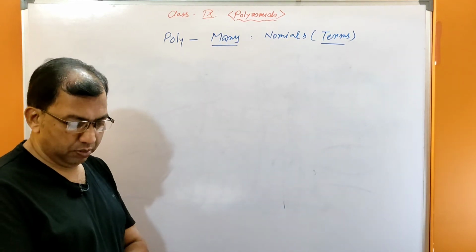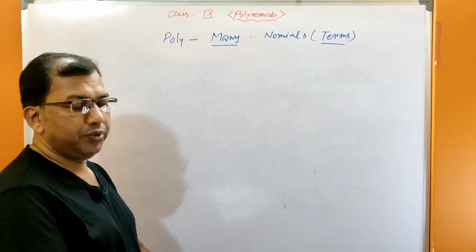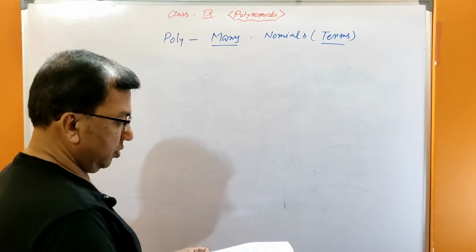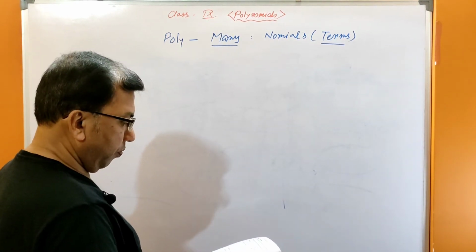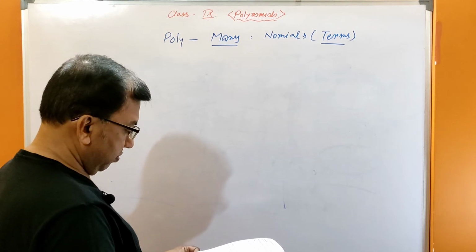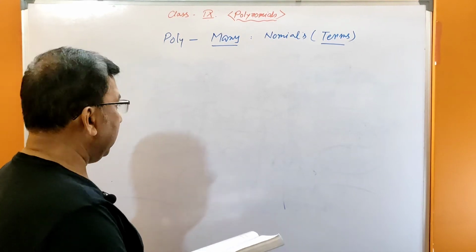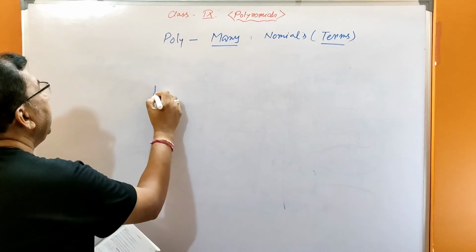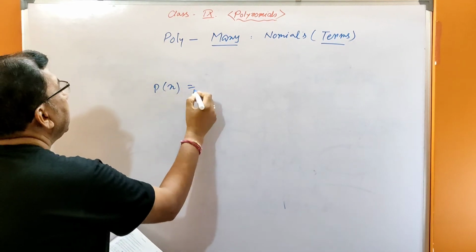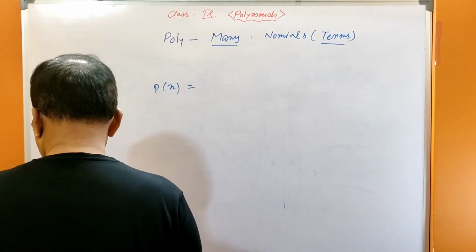You must remember, the degree of the zero polynomial is not defined. Okay, so you have to find out the degree. Find p(x), find the value of the polynomial. A polynomial is given, p(x) equals whatever is given.